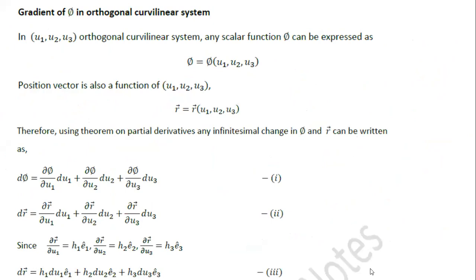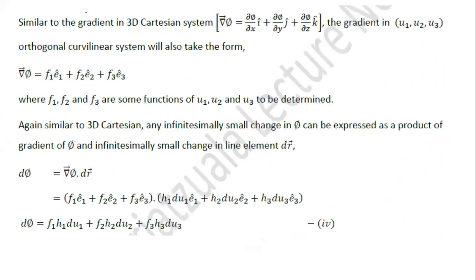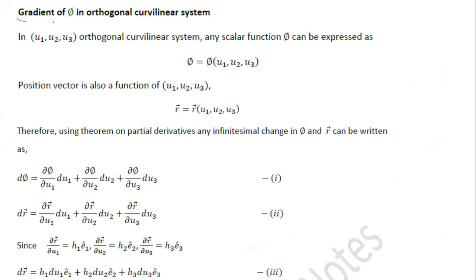let us see how you are going to write the gradient of a scalar function in orthogonal curvilinear coordinate system. So in orthogonal curvilinear coordinate system, instead of your x, y, z Cartesian system, you now have u1, u2, u3 as the coordinate lines or coordinate axes.